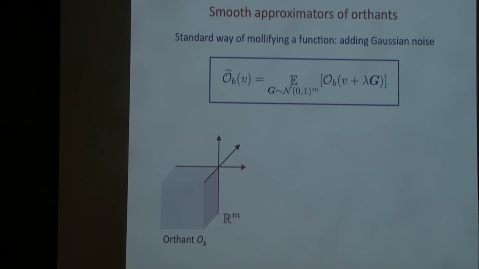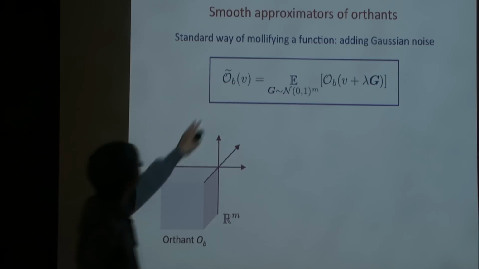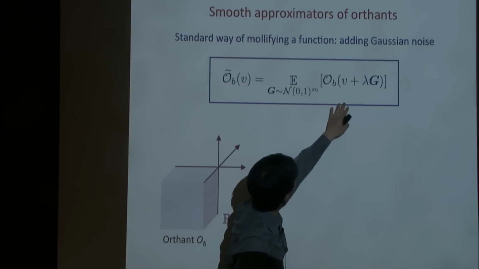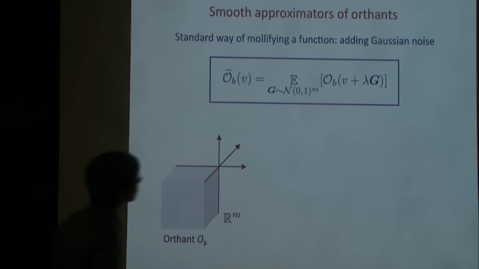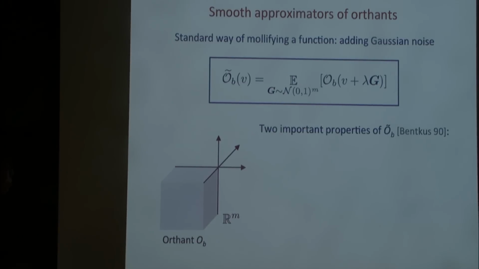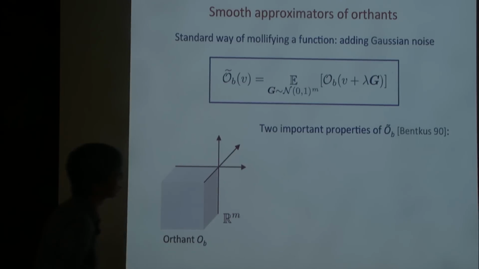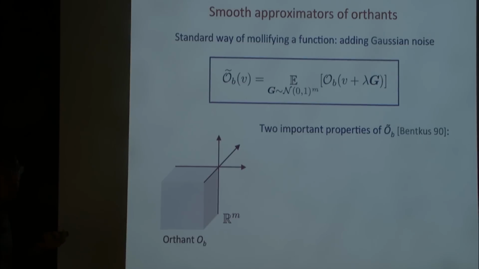Great. So let me just spend a slide on it. It's a very standard way of smoothing out a function: you add some Gaussian noise to it. So O tilde of V is just the expectation of O, which is a hard function, of V plus some lambda amount of Gaussian noise. This comes out of work in central limit theorems. There are two important properties of O tilde.